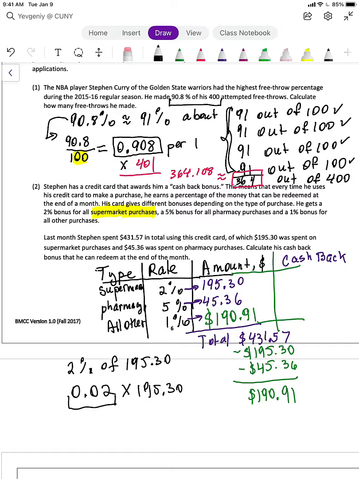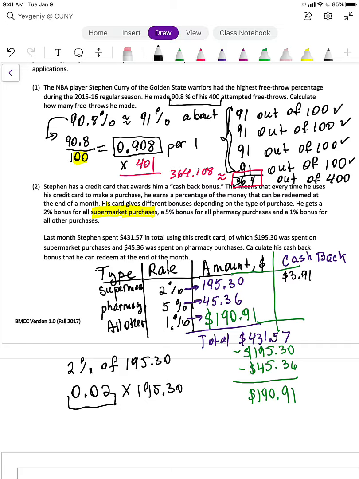We're going to do it for all. Take a moment and type up the calculations for each. Write down the answers for supermarket, pharmacy, and all other. For the first one, we got 2% multiplied by 195.3, so that gives us $3.91. We're going to round it to the nearest dollar.